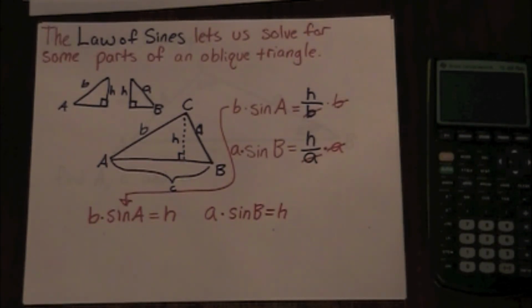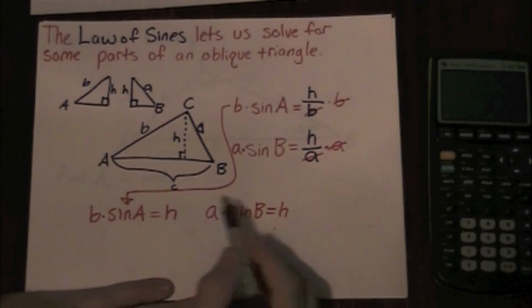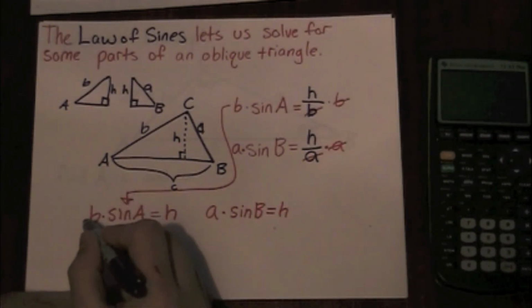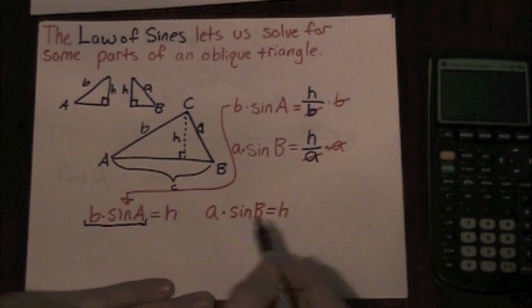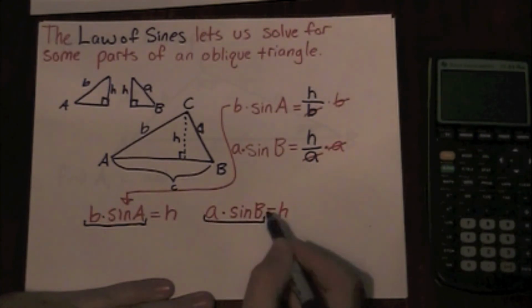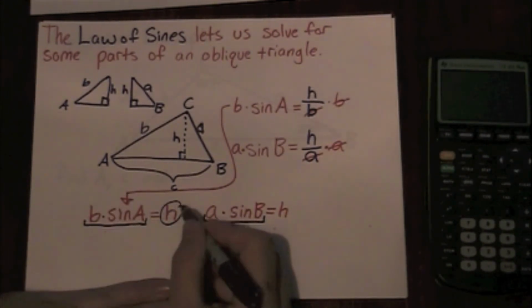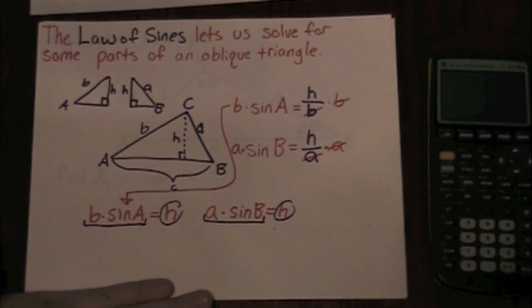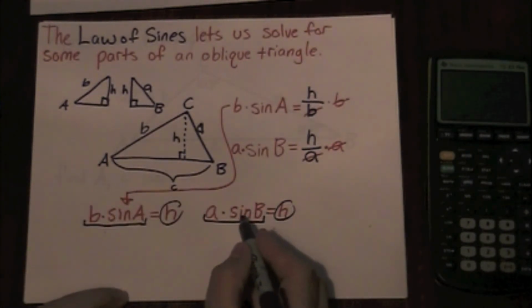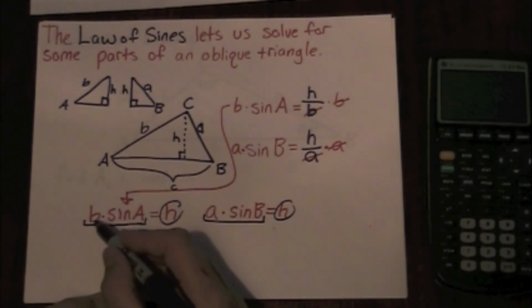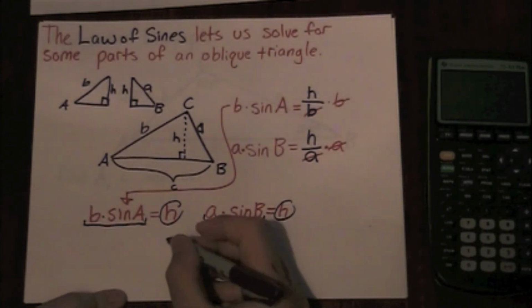We know that if I have two quantities that both equal a third quantity, in this case b sine A and a sine B both equal h, by the transitive property, these two quantities, b sine A and a sine B, must be equal.